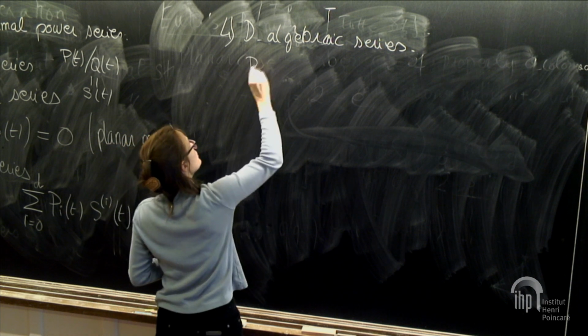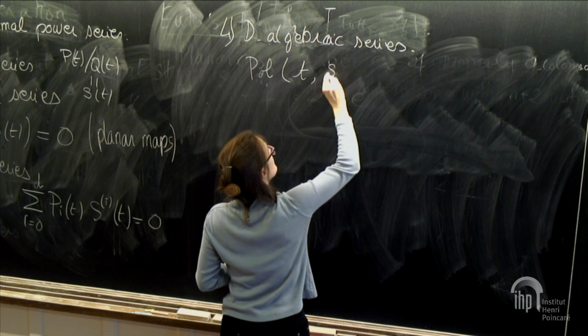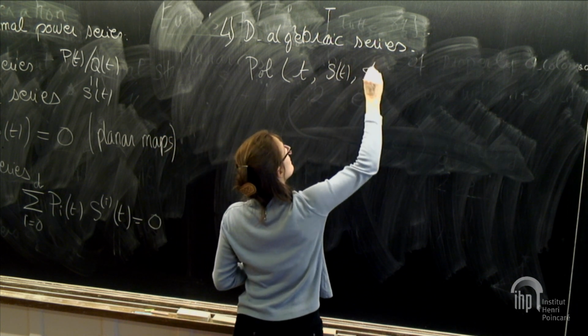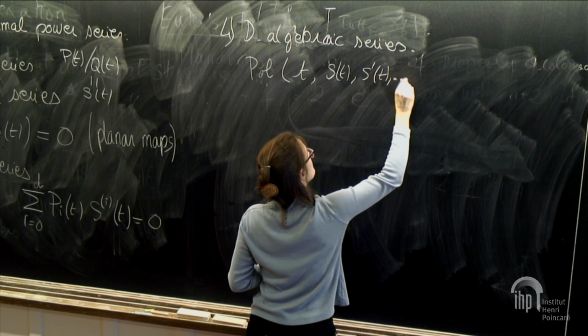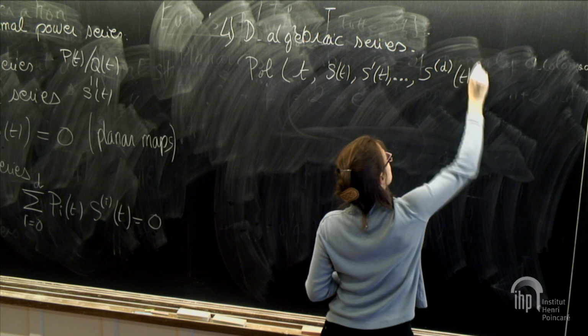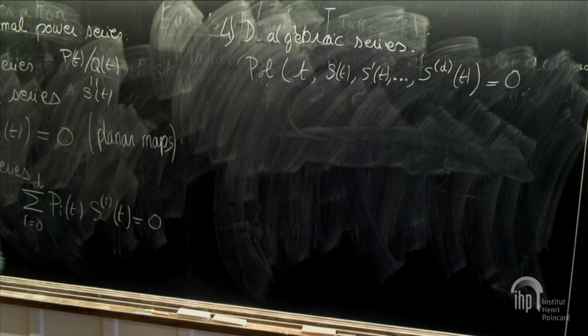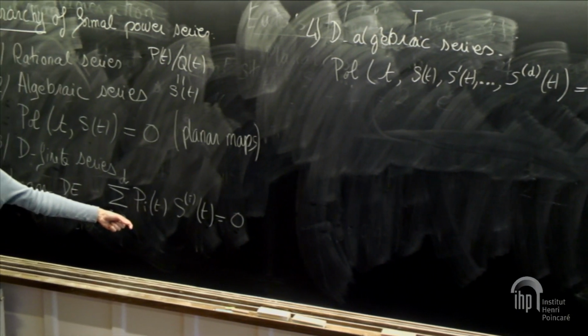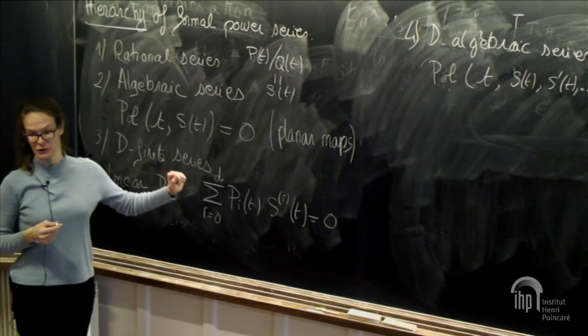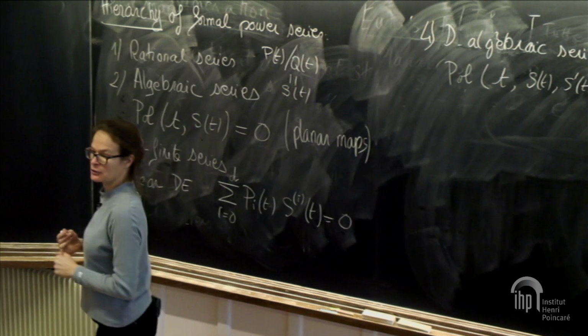And they are those for which you have a polynomial equation relating the variable t and then a number of derivatives of your series. Again, of course, a non-zero polynomial. So obviously it's more general than those D-finite series for which you wanted to have a linear differential equation, whereas here you just want some polynomial differential equation.